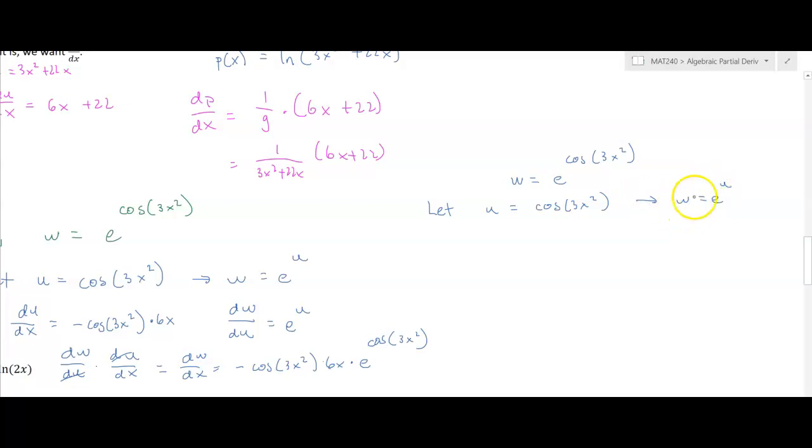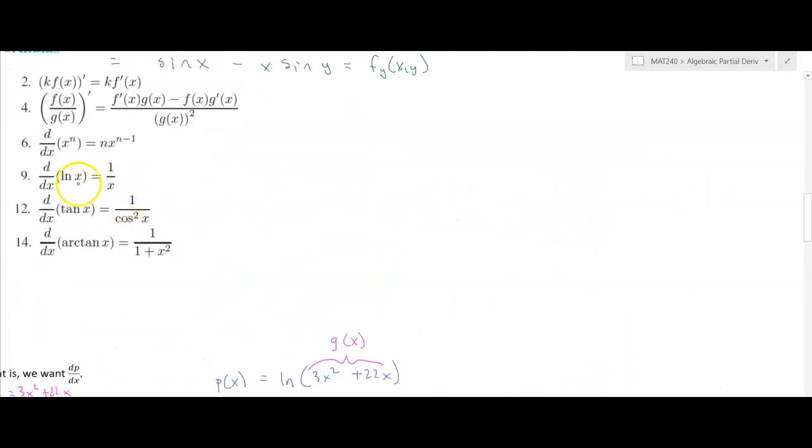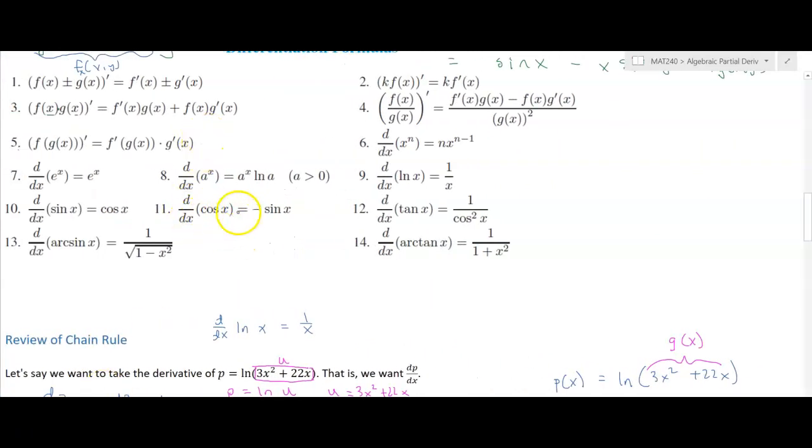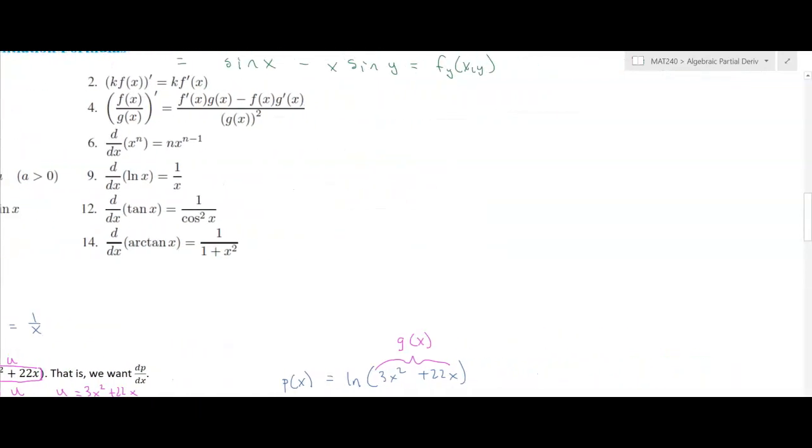Now I can see that I can already take the derivative of w with respect to u based on the derivative of an exponential function, but we've observed that cosine of 3x squared is not a derivative that we have up here. In fact, we only have the option of taking the derivative of cosine x, which is negative sine of x. So in order to use this, I would have to make the argument of cosine a single variable instead of a function of that single variable.